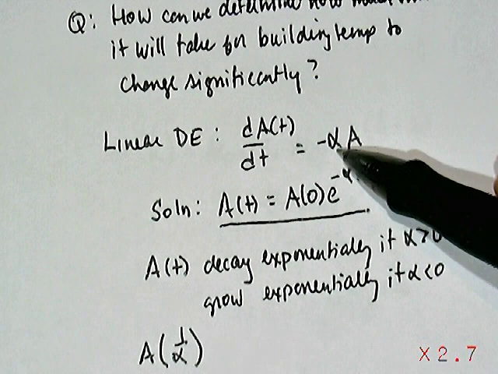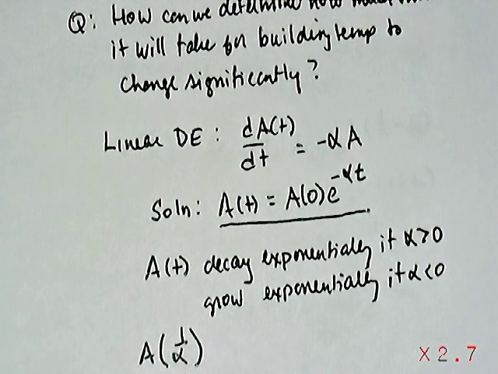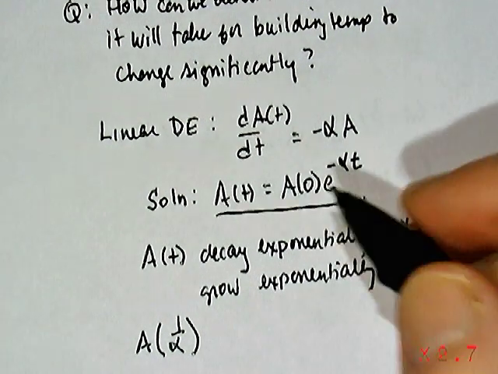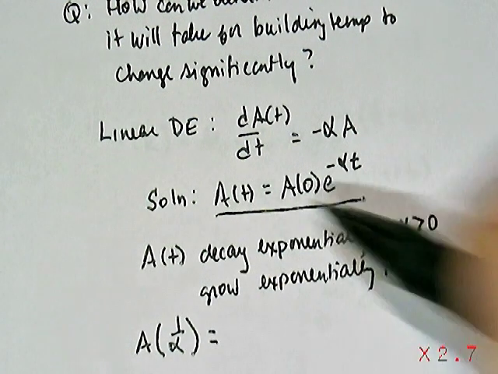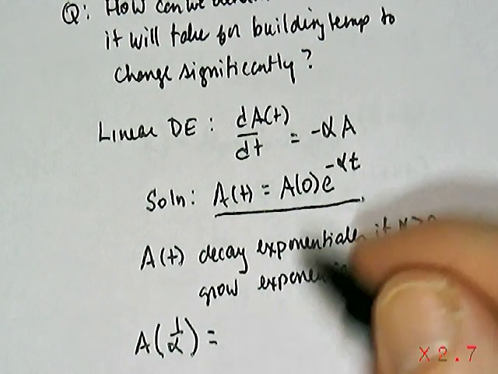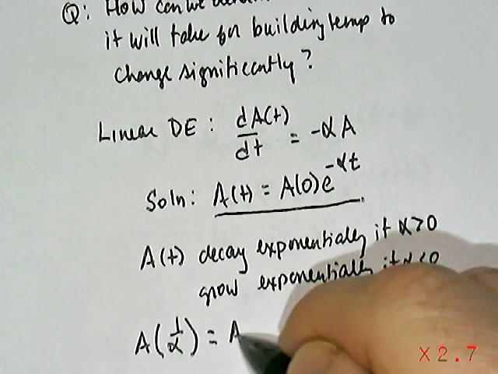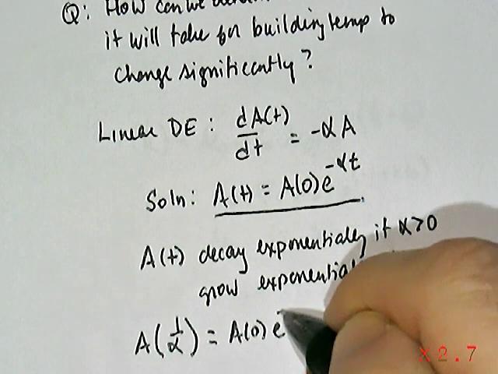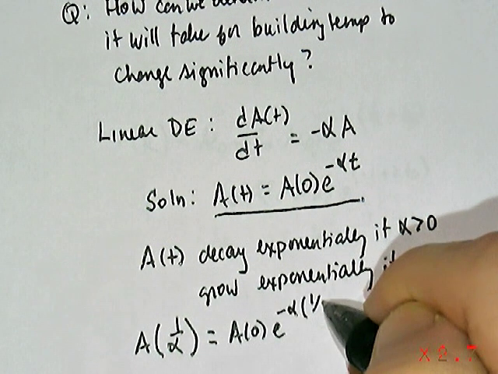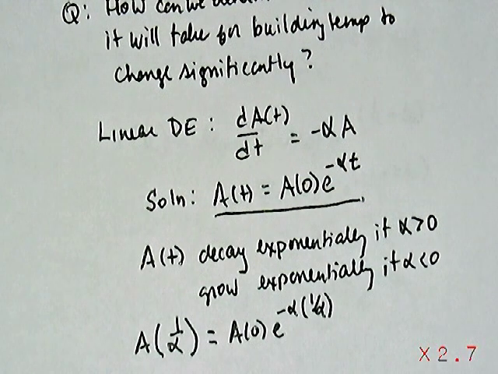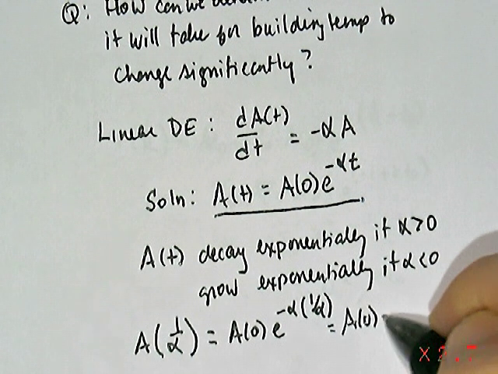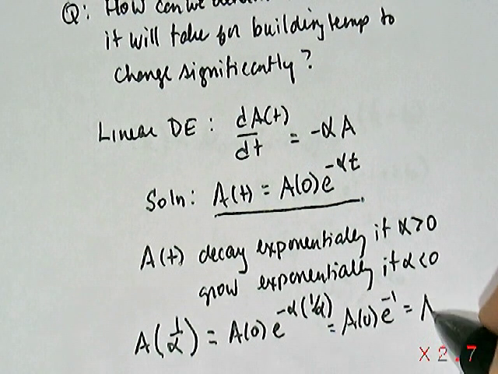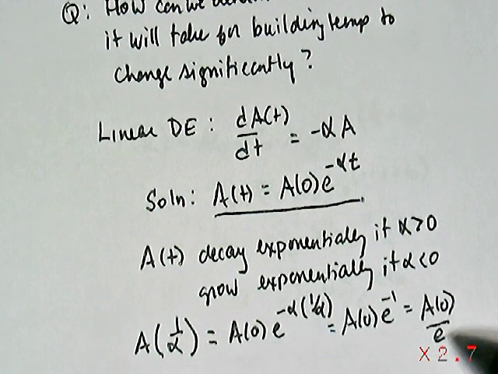This term on the right-hand side, the negative alpha A, we're going to say, well, if you actually plugged 1 over alpha into that function, the solution to the differential equation, mind you, what would you have? You would have A of 0 times e to the minus alpha, and you would plug in 1 over alpha here. But that's simply A of 0 times e to the minus 1 power, which is A of 0 over e.